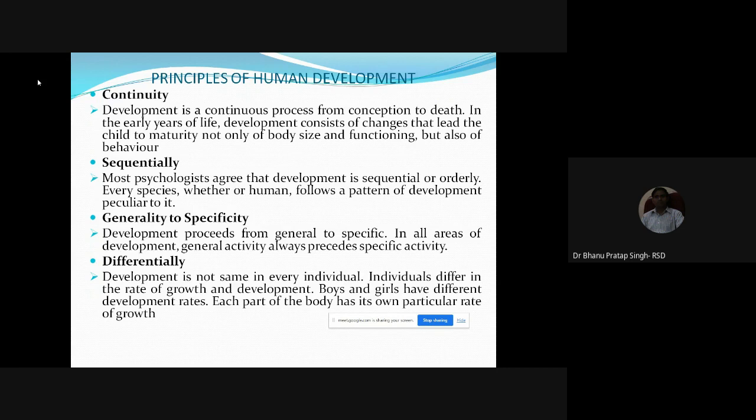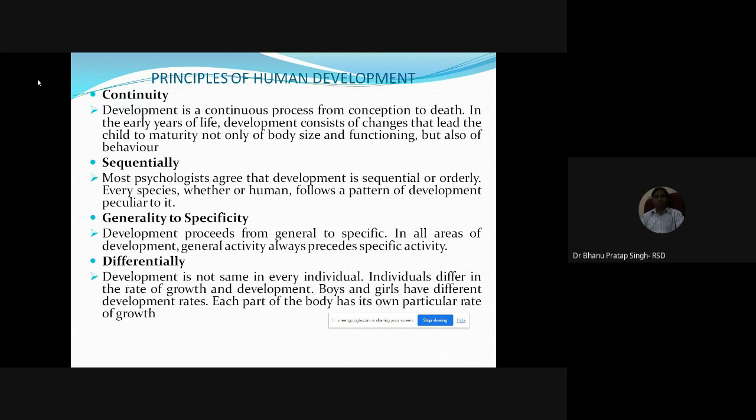So, what are the principles of development? Development is a continuous process, and it has these four qualities. The first quality is continuity. Development is a continuous process from conception to death.